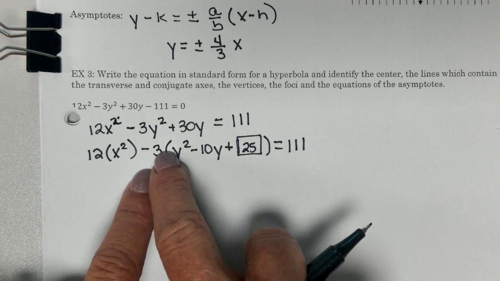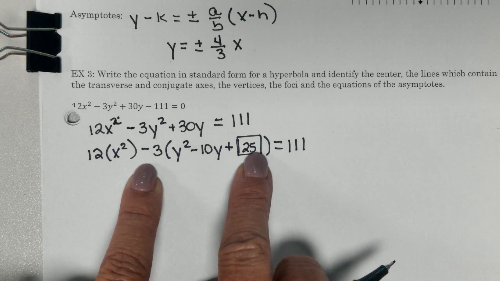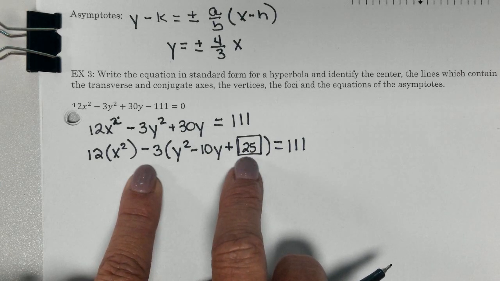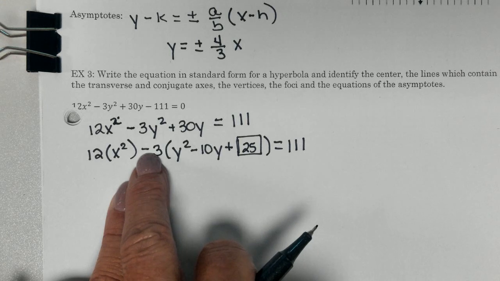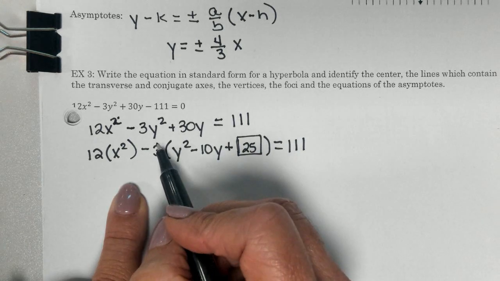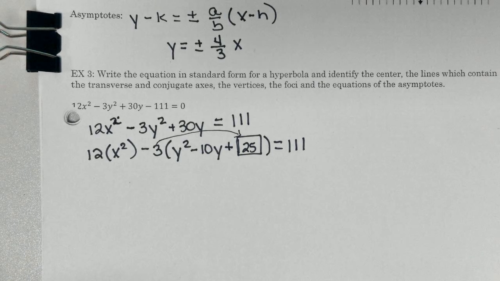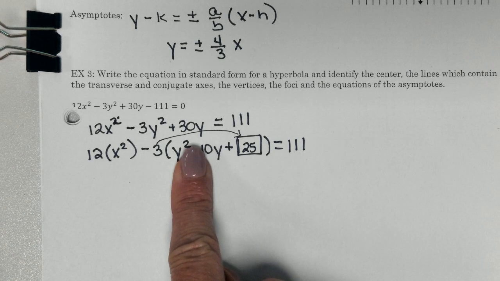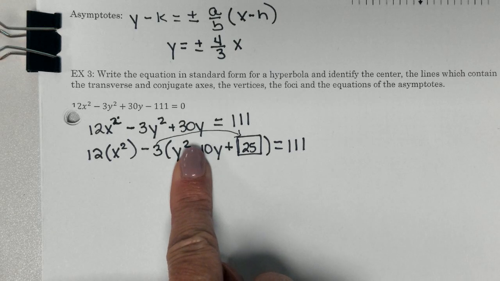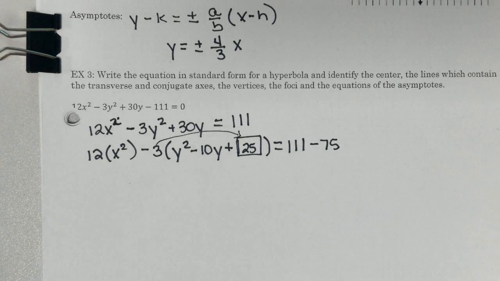Remember how if you take out a coefficient, you have to multiply it times this term when we completed the square? I want you to acknowledge that this isn't just 3. This is negative 3. So it's negative 3 times 25, which is a negative 75. So on the left side, I've really added a negative 75. That means I have to add a negative 75 to my other side.